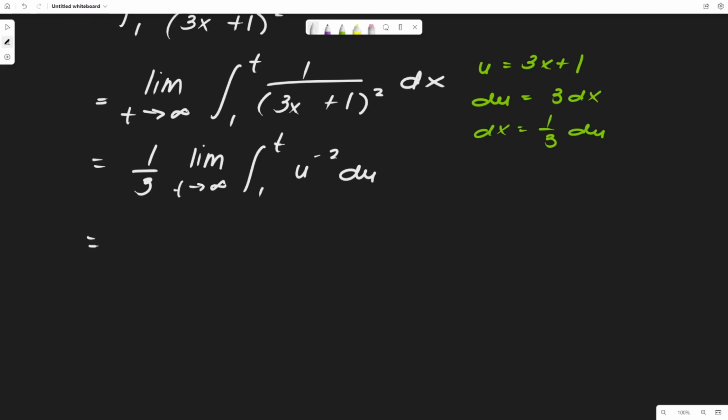Okay, so we have 1 over 3 times the limit of, when we have negative 2, that is negative 1 over u. u raised to negative 1 over negative 1, so negative 1 over u, from 1 to t as t approaches infinity.